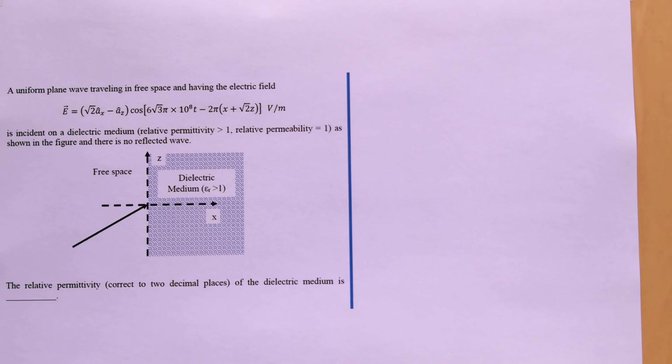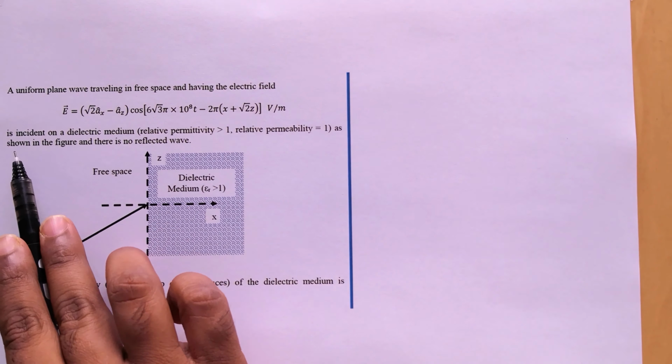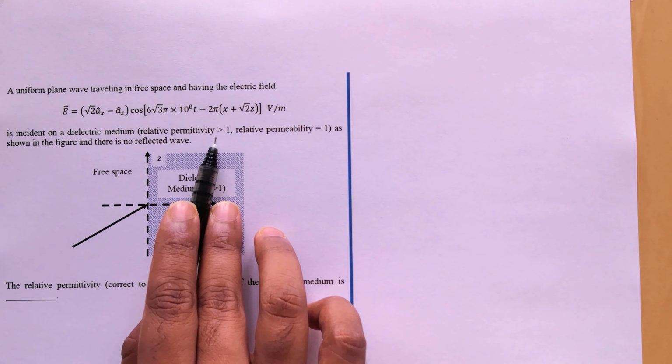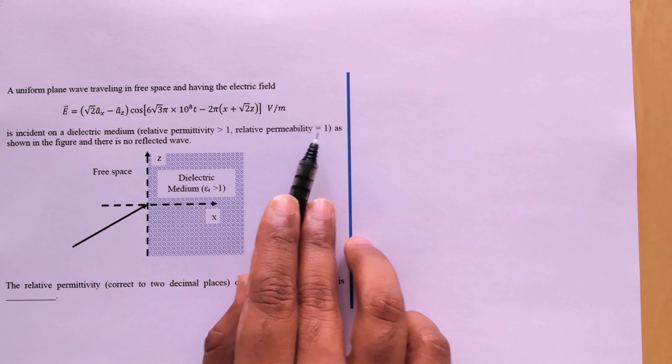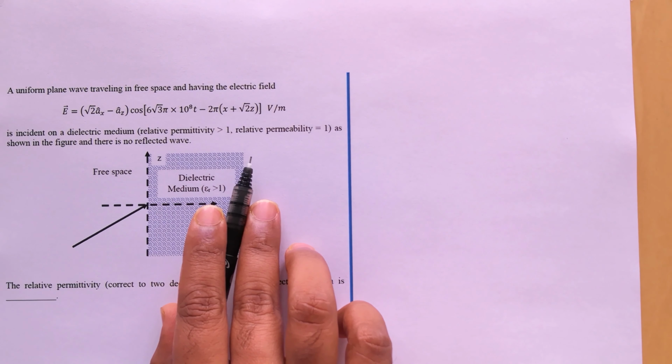Today I am going to solve a different problem on uniform plane wave from electromagnetic theory. I picked this question from a recent GATE paper. A uniform plane wave traveling in free space and having the electric field E is incident on a dielectric medium with a relative permittivity greater than 1 and relative permeability 1, as shown in the figure, and there is no reflected wave.